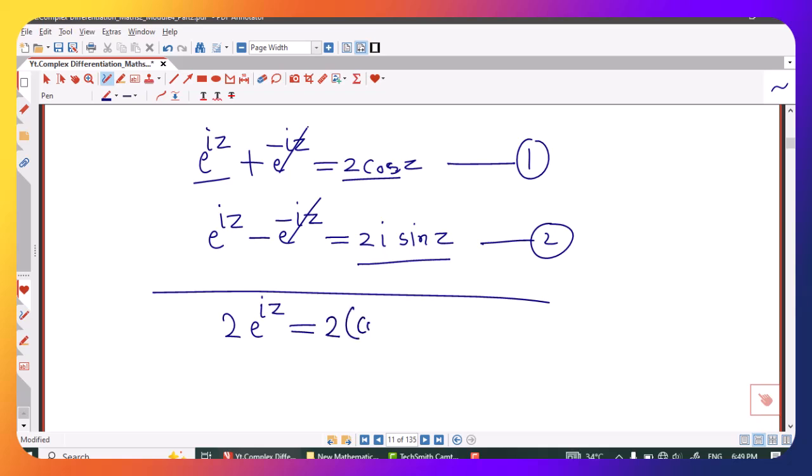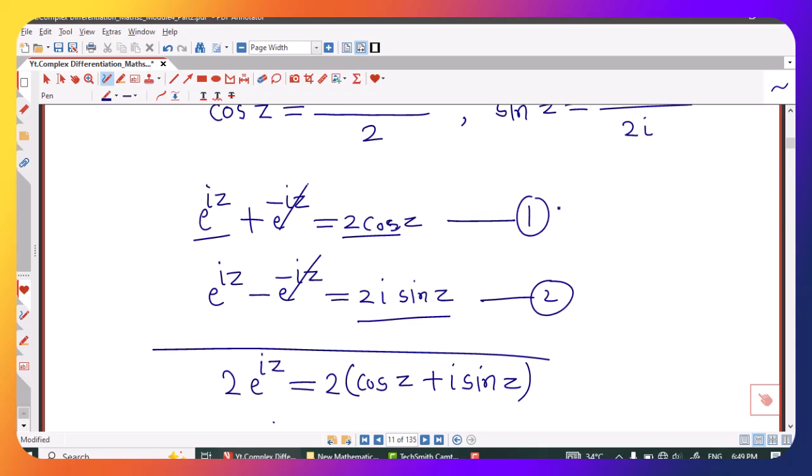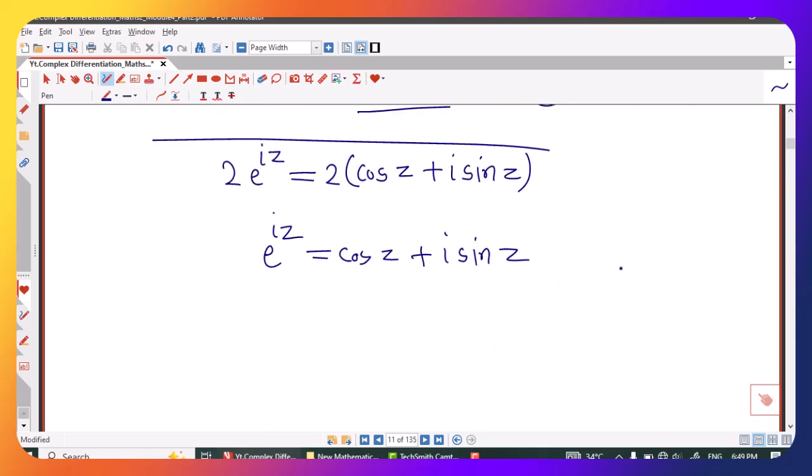If we take 2 common, we have 2 times (cos z plus i sin z). So 2 will get cancelled and we obtain e raised to iz equal to cos z plus i sin z. Similarly, if we take equation 1 minus 2, then we obtain e raised to minus iz equal to cos z minus i sin z.